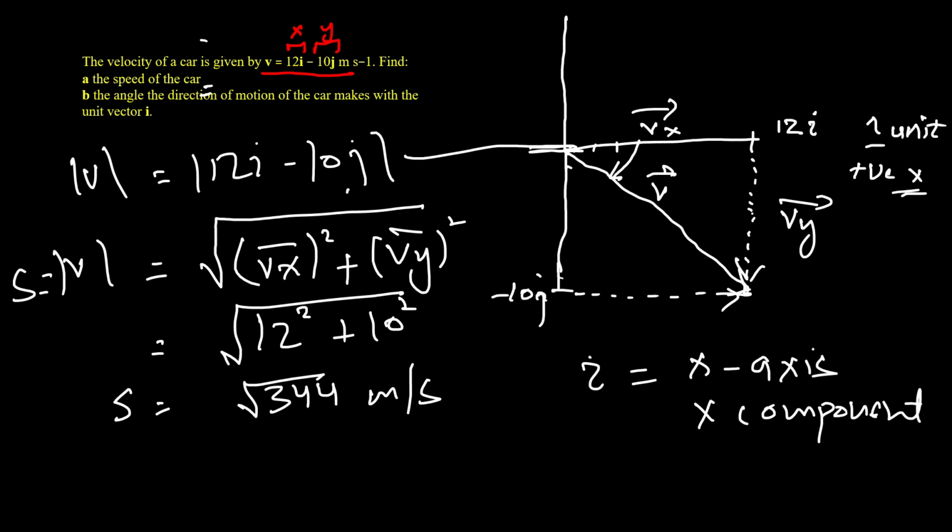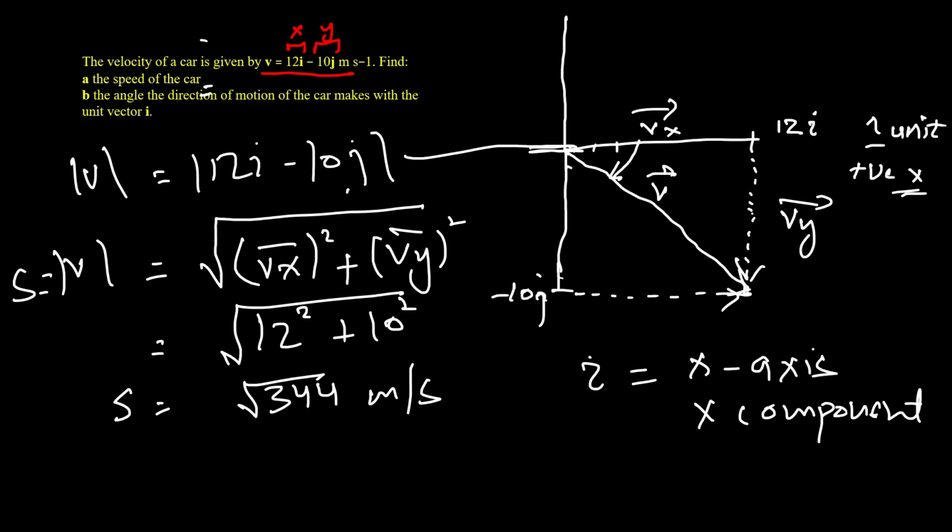So the direction with the unit vector i can very easily be found by taking the ratio of the vertical component and the horizontal component.